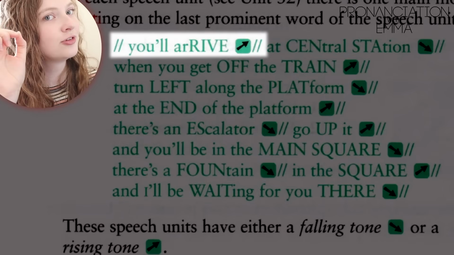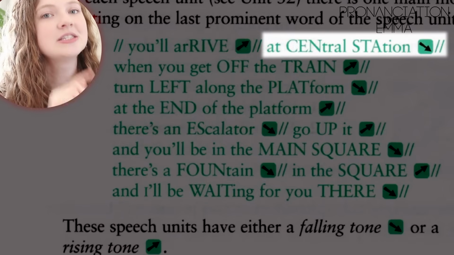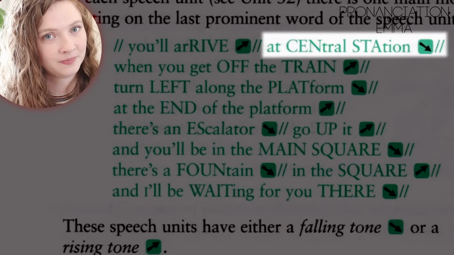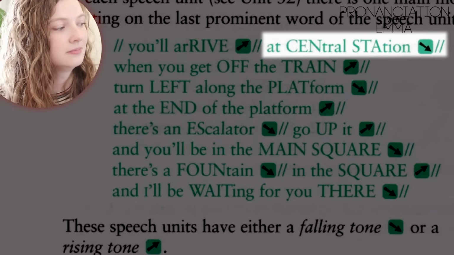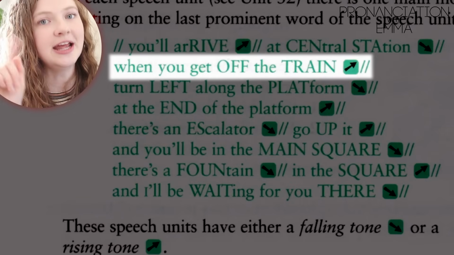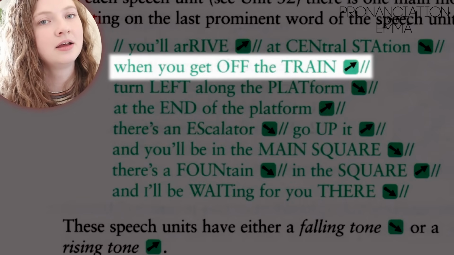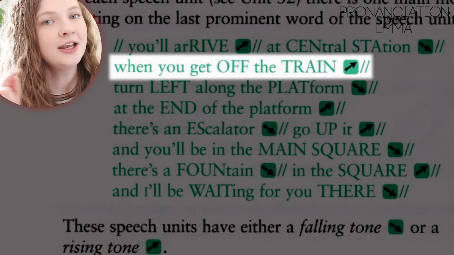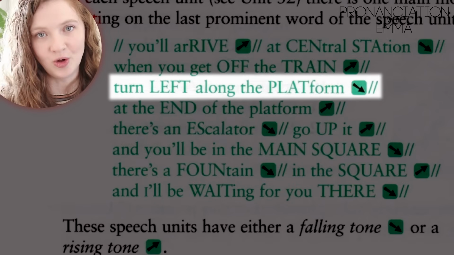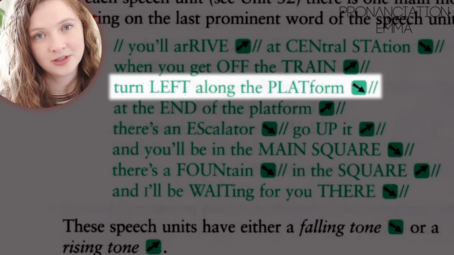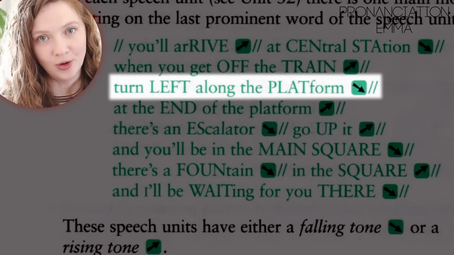You'll arrive at Central Station. At Central Station. When you get off the train. Turn left along the platform.